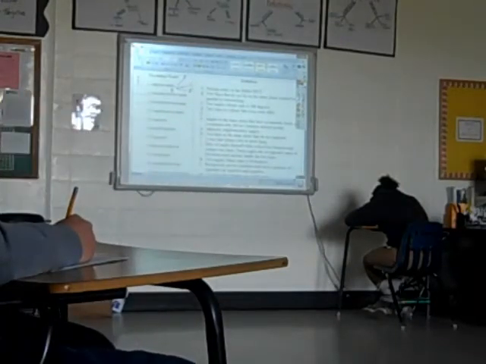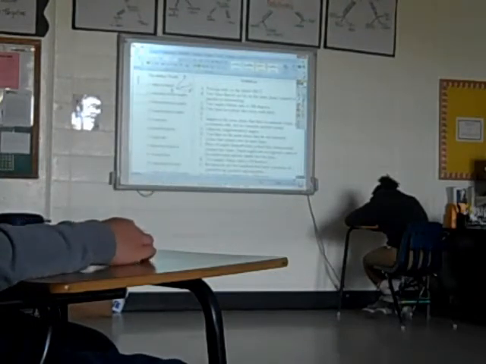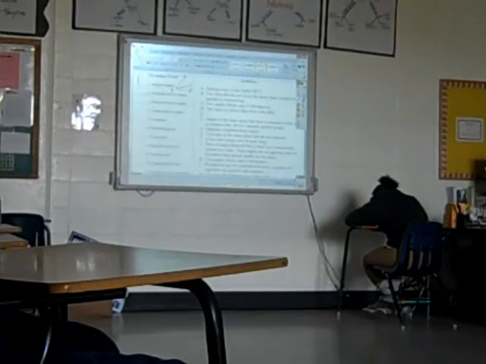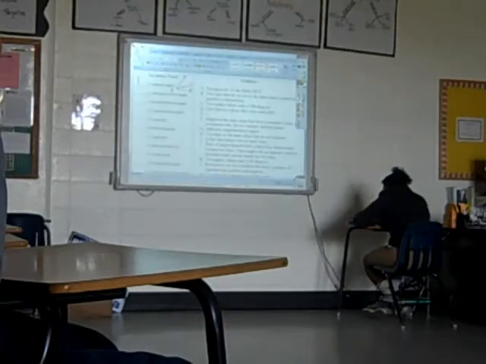Who can tell me what the adjacent angles are in that figure I drew? What are the two adjacent angles? A and B, C and D. Well, A and B is a segment. I need the angle. What's the angle? A and C. B. Give me the whole angle.